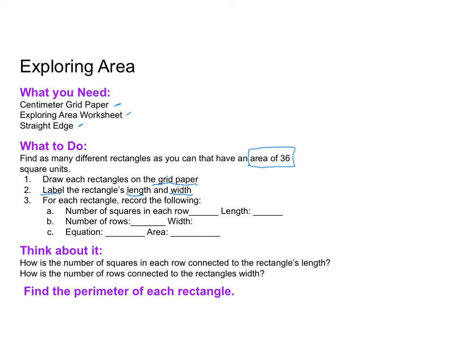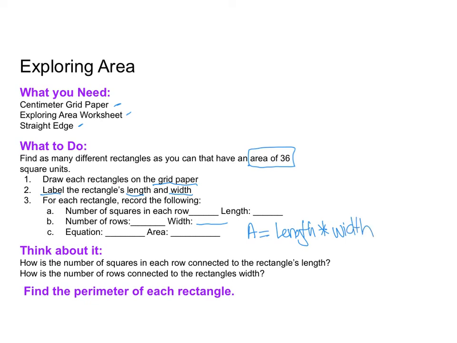So for each rectangle, you're going to record the following. The number of squares in each row, that would be the same as its length. And then the number of rows, which is the same as its width. And then you're going to write the equation. Remember, the equation is area equals length times width.